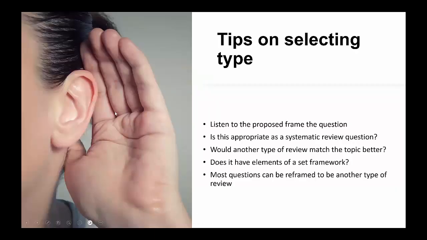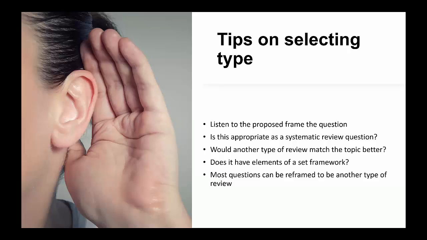So a few tips on listening here. First I'll ask them to state their question. I'll start thinking about, is that appropriate for systematic review? Would that make sense? Is there another type that might make sense? Does it have the elements of a certain framework?